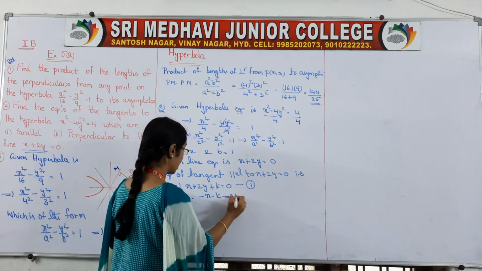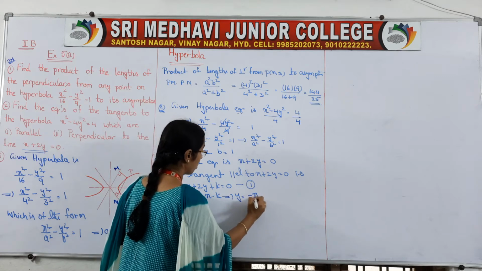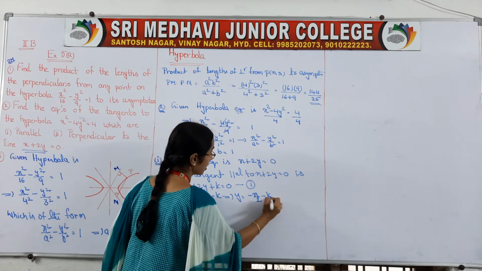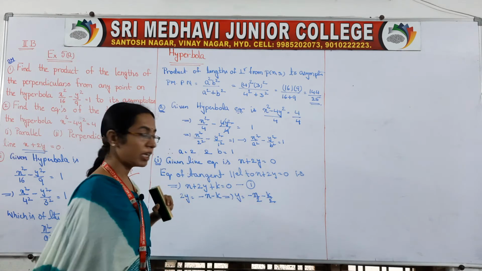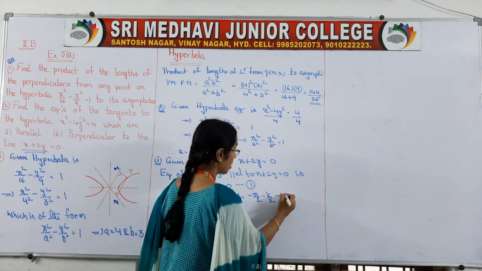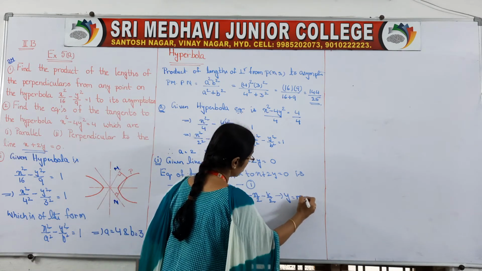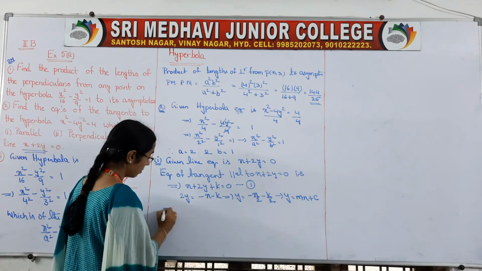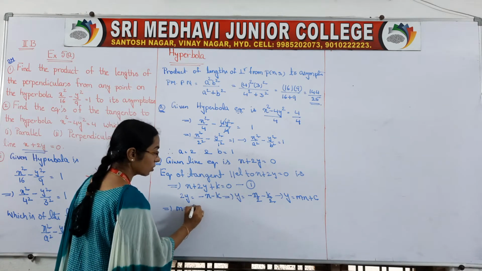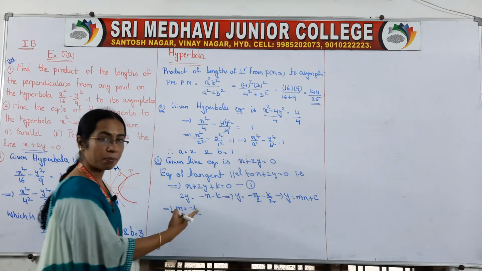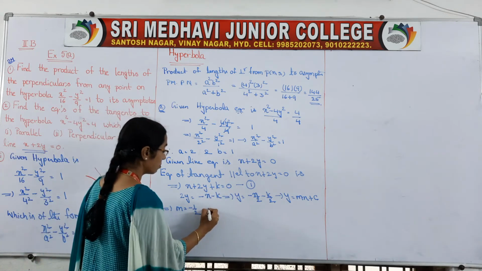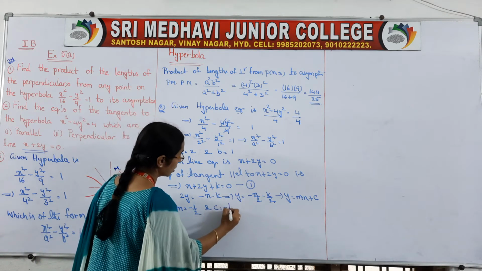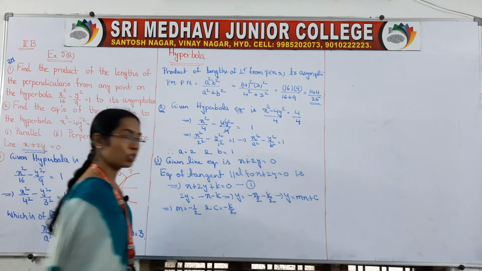Next we can write y is equal to minus x by 2 minus k by 2. Okay. So this is in the form of y is equal to mx plus c, so m is equal to minus 1 by 2 and c is equal to minus k by 2.